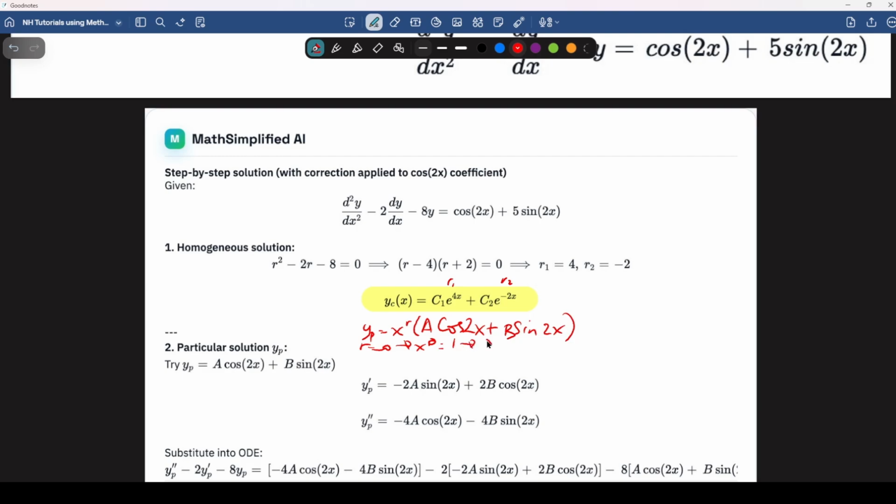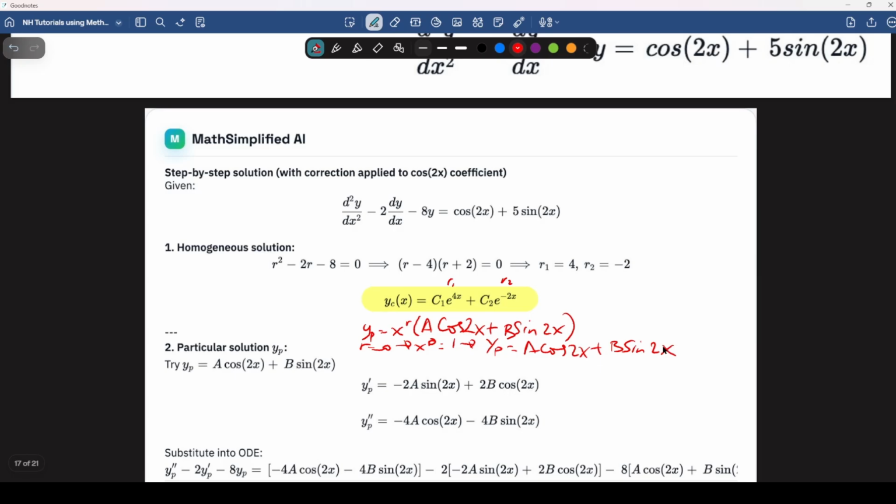Therefore our first yp is a cos 2x plus b sin 2x. Just like before, we check for any corresponding terms in yc, and our yp has no corresponding terms with yc, because they are totally different in shape. yc is in the form of exponentials and yp is in the form of trigonometric functions, so that's correct.